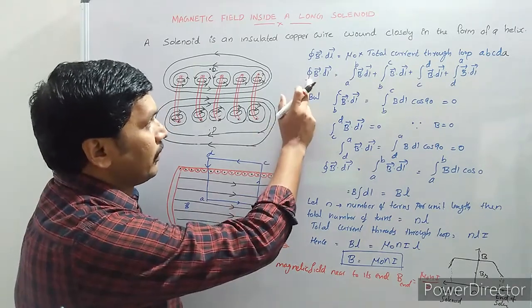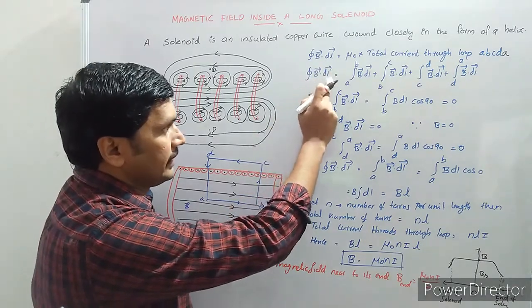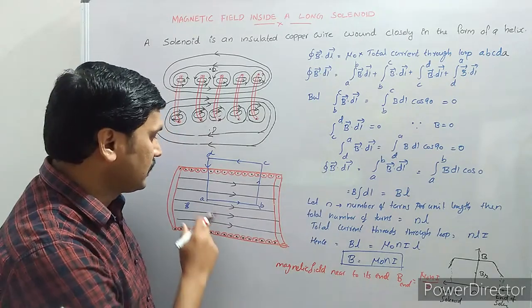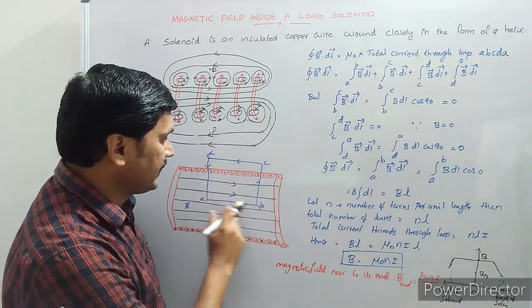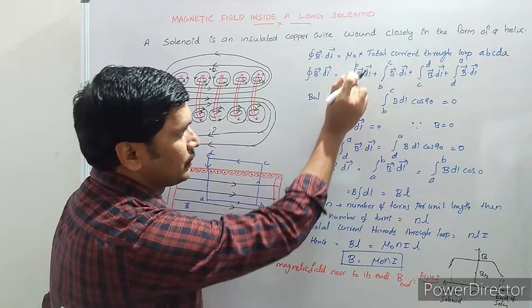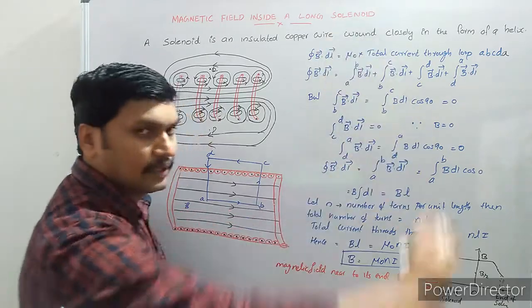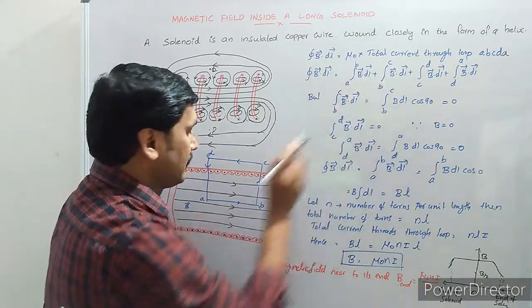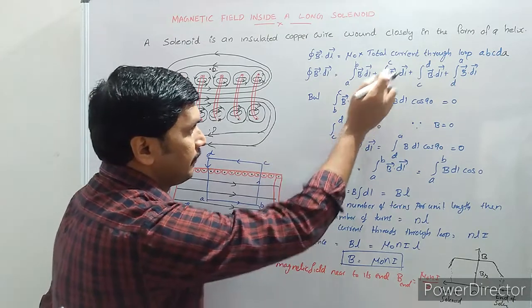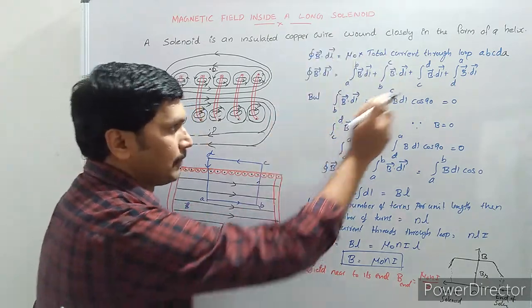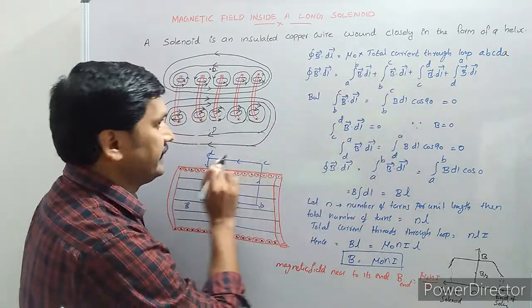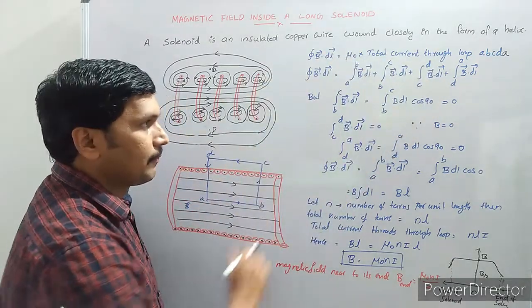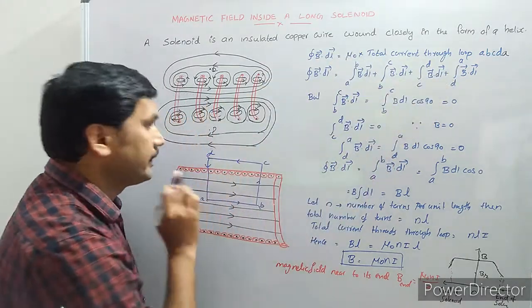Now the line integral B dot dl is equal to, first find B dot dl from A to B, plus B to C B dot dl, plus C to D B dot dl, plus D to A B dot dl.